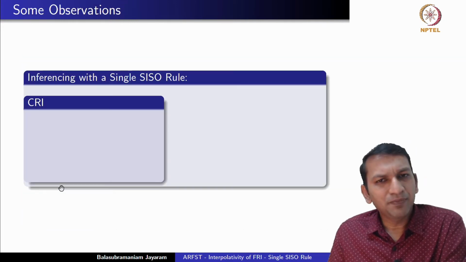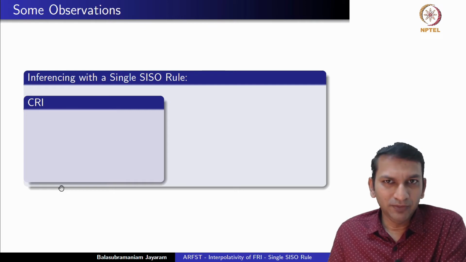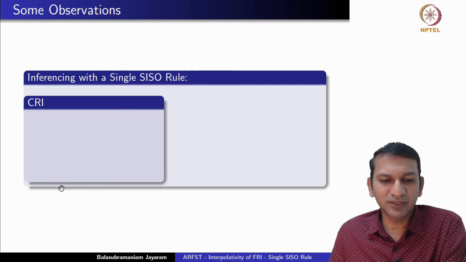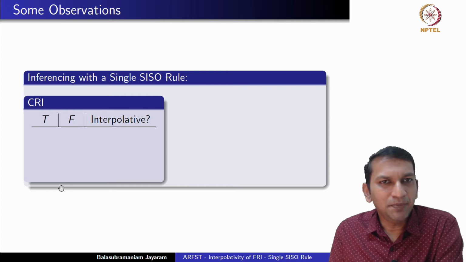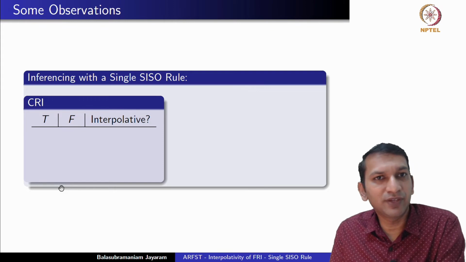Well, we have made some observations. In the case of a single SISO rule, if you are using the CRI inference, the compositional rule of inference mechanism, we have seen that some pairs of operations do make it interpolative, at least for the fuzzy sets that we have considered.